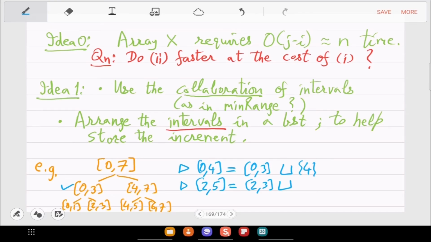So you go to the right subtree of the root and do what? Again, 4, 7 is not enough, so you go to the left child, so you get 4, 5. So in this way, you can write any interval (i, j) as a disjoint union of how many intervals?